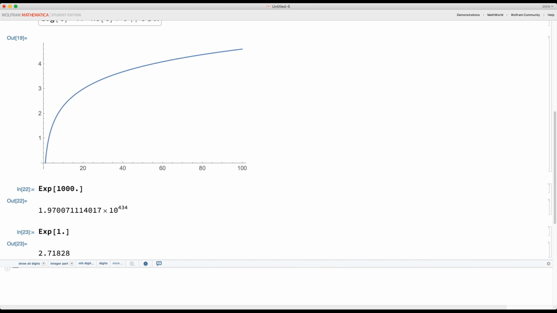Okay, e is like 2.718, blah, blah, blah. It's a number like pi that the decimals keep going forever. It's irrational. It's also what we call transcendental. Pi and e are the only two transcendental numbers you guys know examples of.